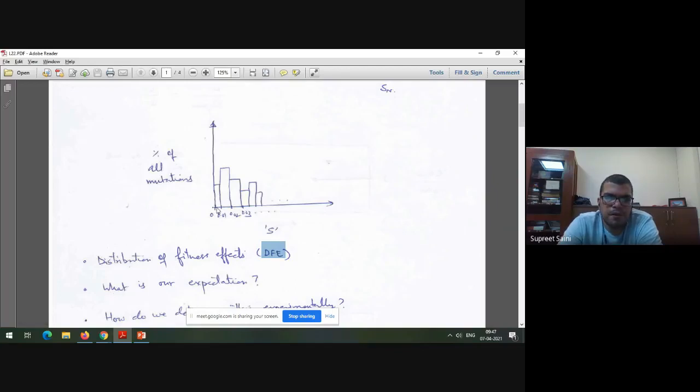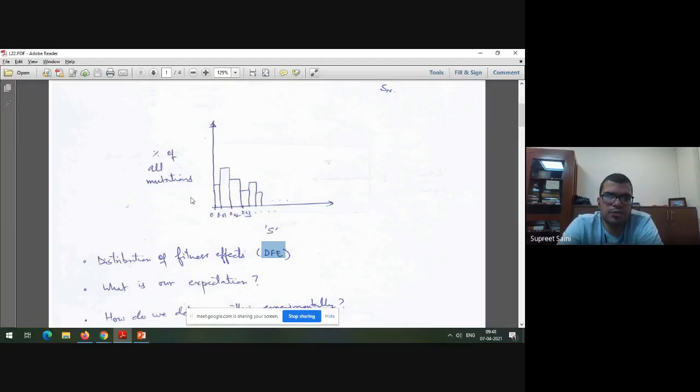So we are not going to be talking of the DFE of deleterious mutations, which will be on the other side of this, for negative S's. But let me add one comment: finding DFEs of deleterious mutations is a much harder task, both in experiments and in theory, and much less is known about it.